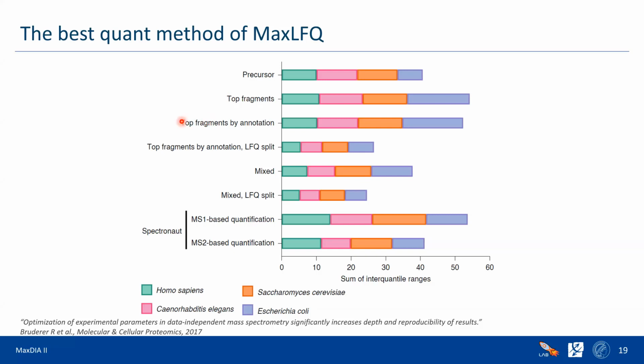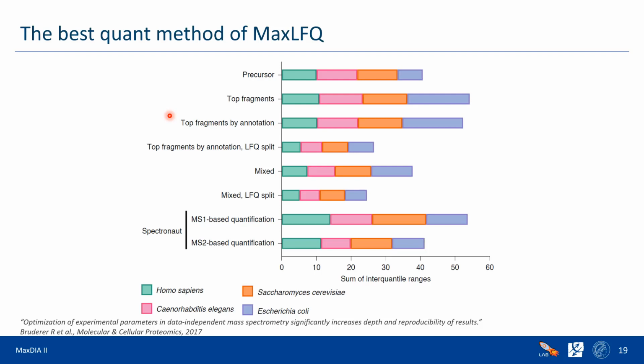From another point of view, we know the masses, we know the library, we know what it's matched to. Then we can choose not just top fragments, but the top fragments by annotation. So we take all these samples, sample 1, 2, 3, and 4. We find all the matched fragments, sum up intensities across all samples, and find the top intensity fragments for this peptide.